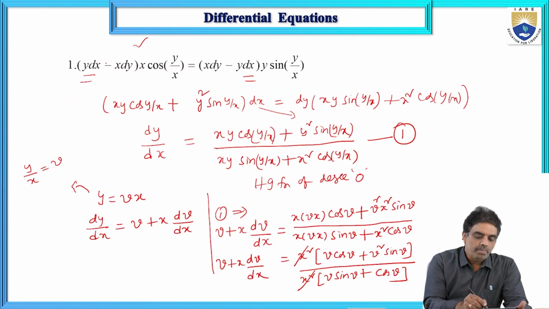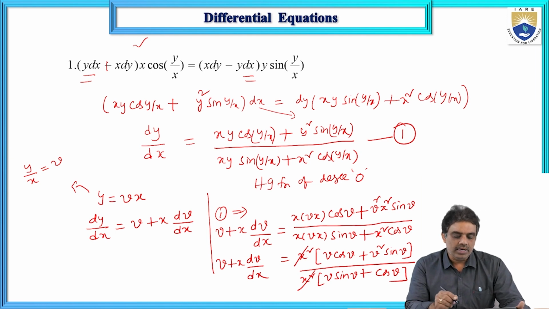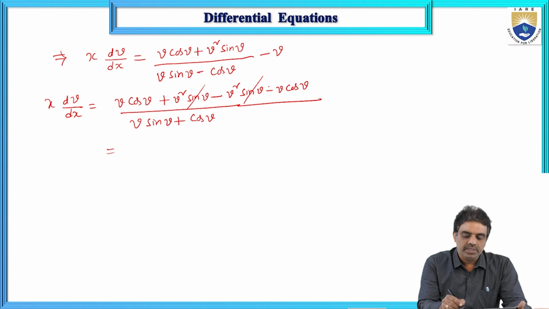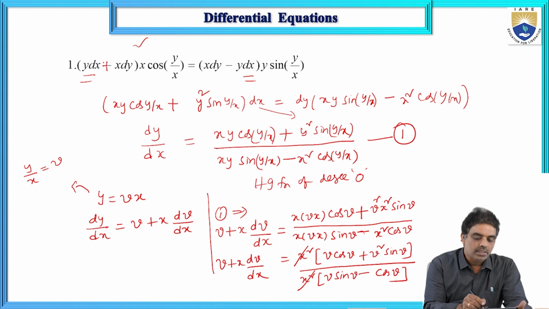Here the problem may be plus x dy by dx, then it will get x dy, meaning minus of x square. So this is minus v cos v, then it will be plus v cos v. So in the denominator, the problem is there is a small change.